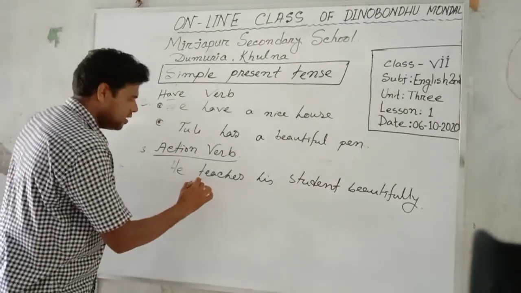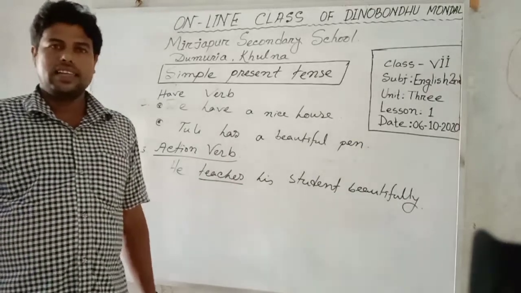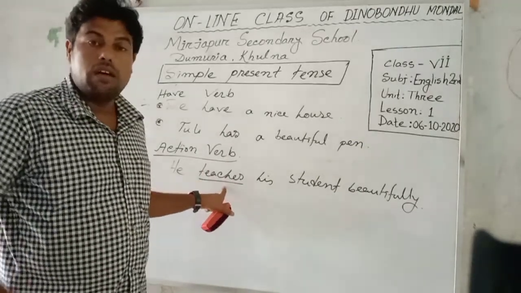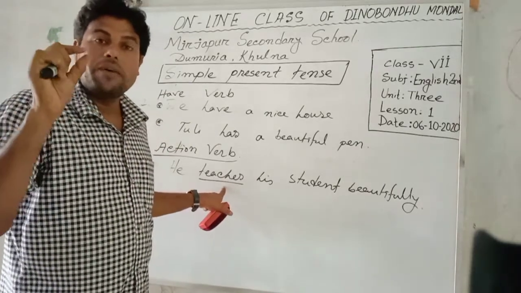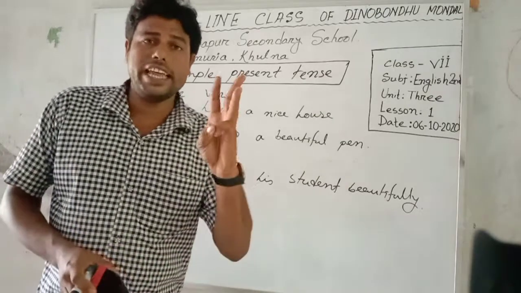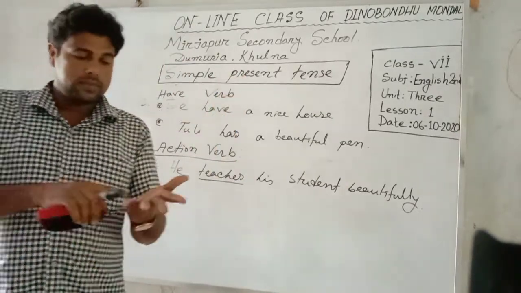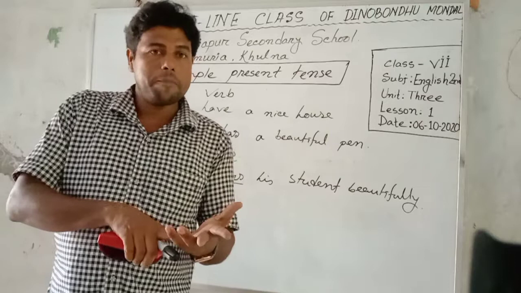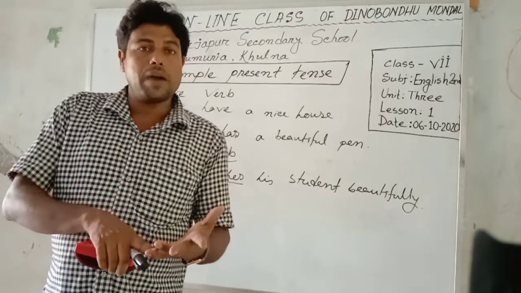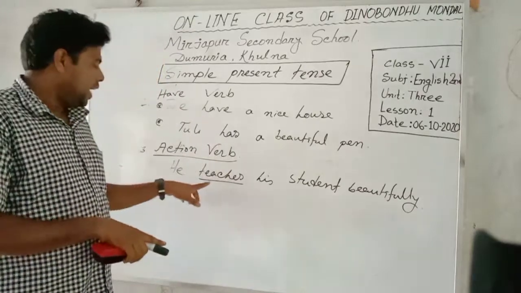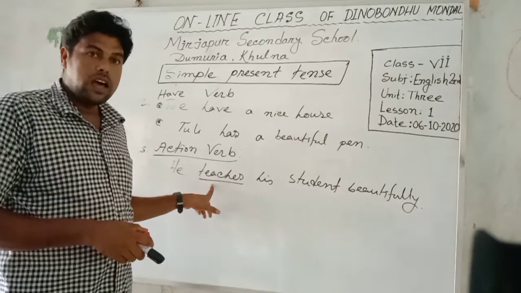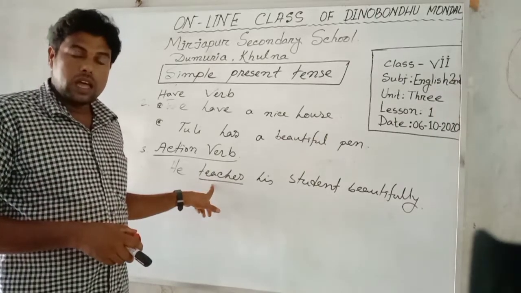Here it is "teaches", and this action verb is used with its present form. We know that there are 3 forms of a verb: simple present, simple past, and past participle. So it's the first one, that means simple or present form.